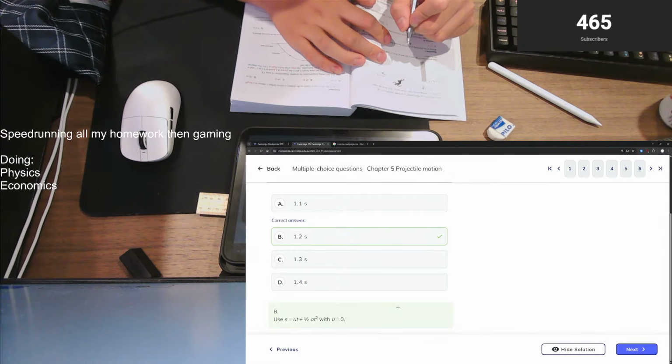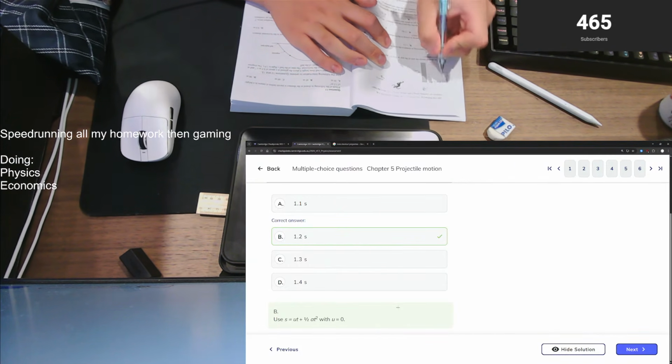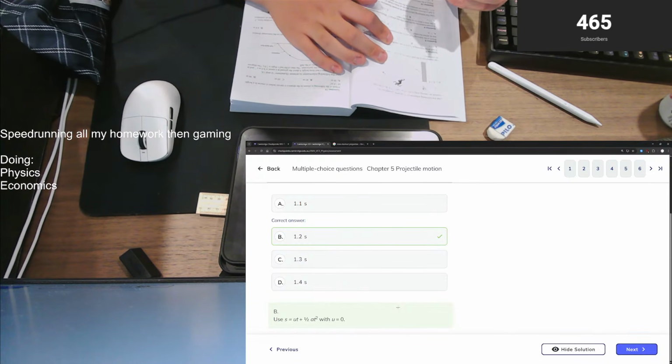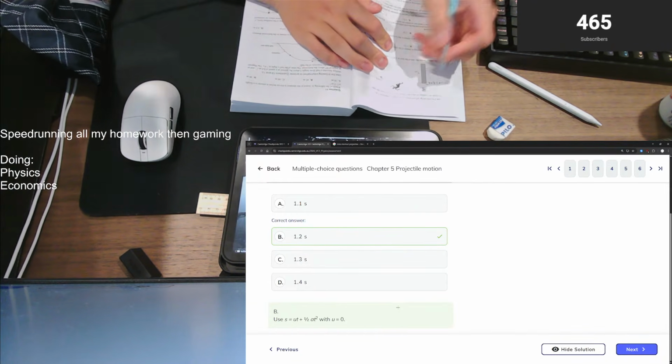You did y equals vt, that's wrong. Vertical components.